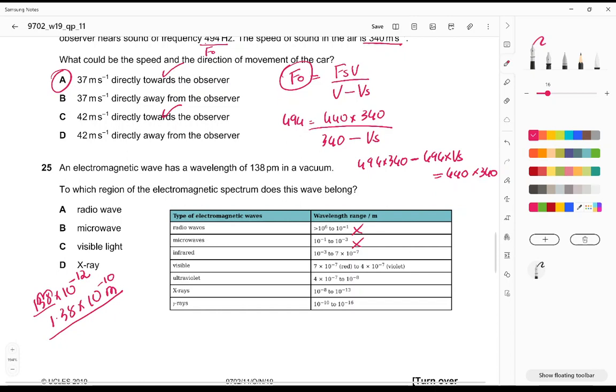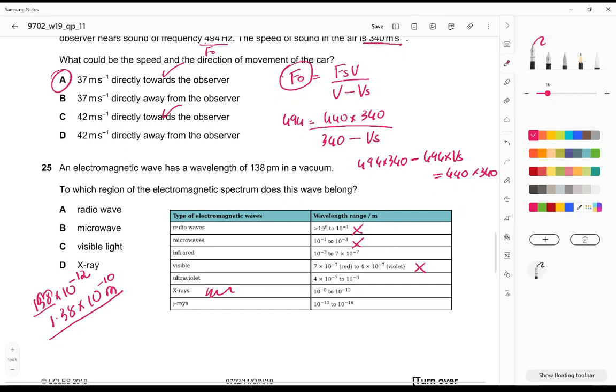Visible light, C, is around 10 raised to power minus 7 and remains in this region, so this cannot be true. Then we are left with X-rays, and you can clearly see that X-rays lie between 10 raised to power minus 8 to 10 raised to power minus 13. So it lies in this region.